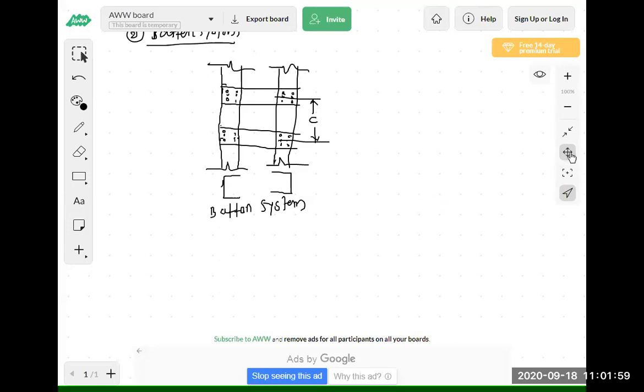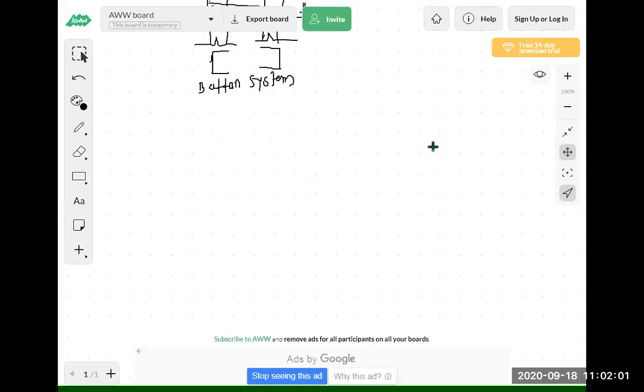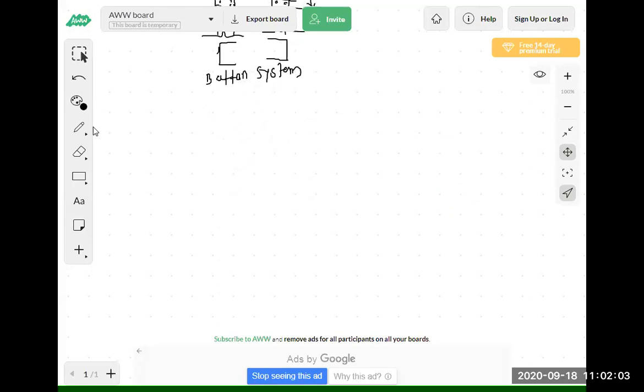Okay, so now in that type 1 in the lacing system, type 1.